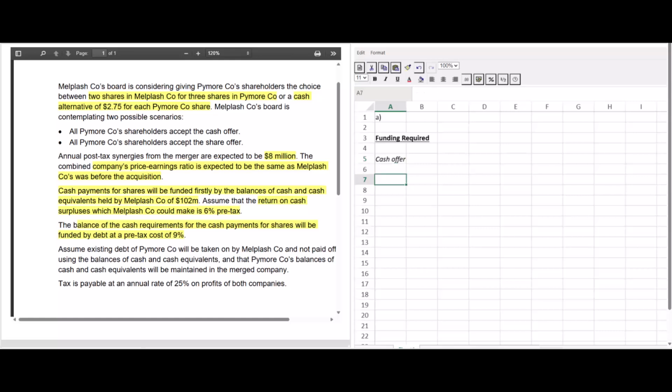Now, the key information in here is the fact that we'd be looking to buy Piemore for $2.75 per share. So that's the information they give us in this exhibit. So that's how much we'd have to pay. So the value of Piemore, so the cash offer we'd have to make would be $2.75 times the number of shares in Piemore.